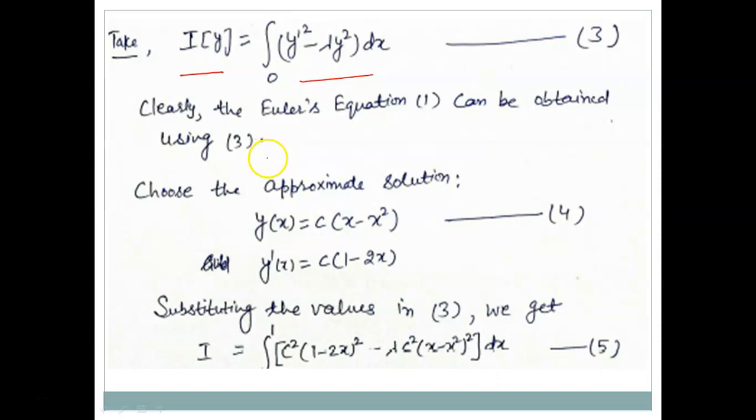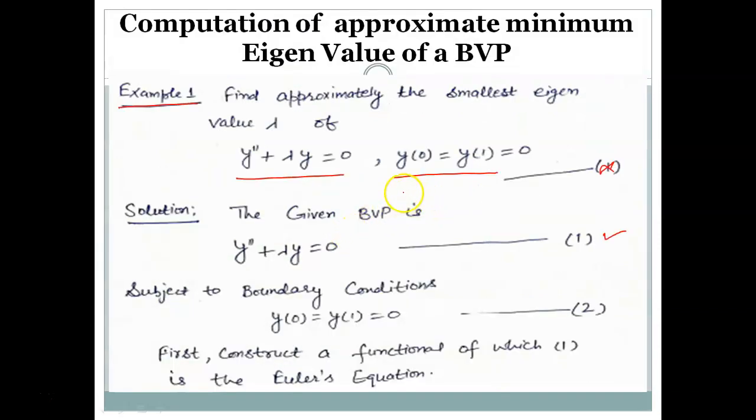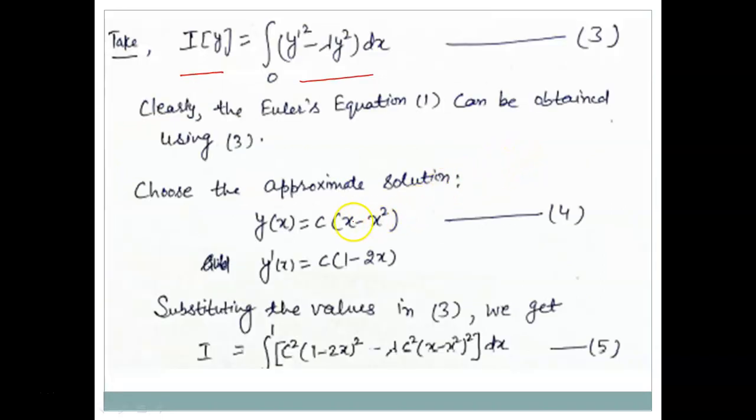Now, as per the procedure of the Rayleigh-Ritz method, we have to choose an approximate solution that satisfies the given boundary conditions, y at 0 is 0 and y at 1 is 0. In the chosen function y(x), if I put x equal to 0, the right hand side is 0, so y(0) is 0 and the first boundary condition is satisfied.